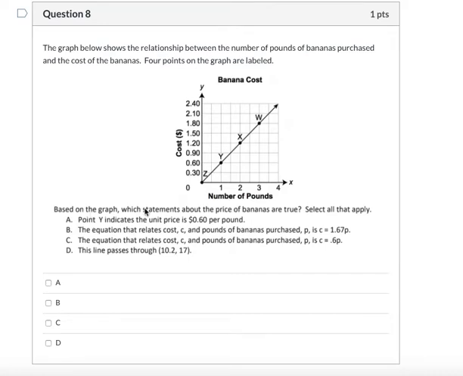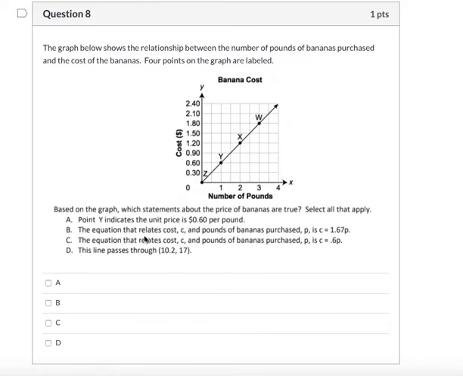Based on the graph, which statements about the price of bananas are true? Select all that apply. Remember this could be one or more answers. A. Point Y indicates that a unit price is 60 cents per pound.